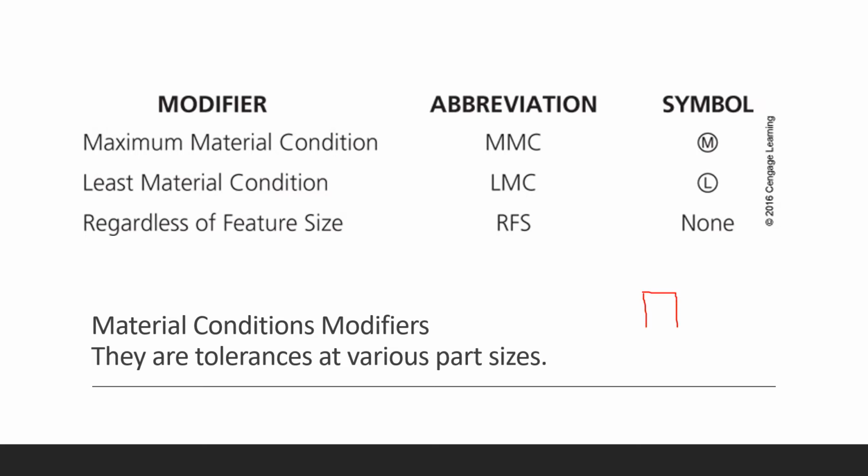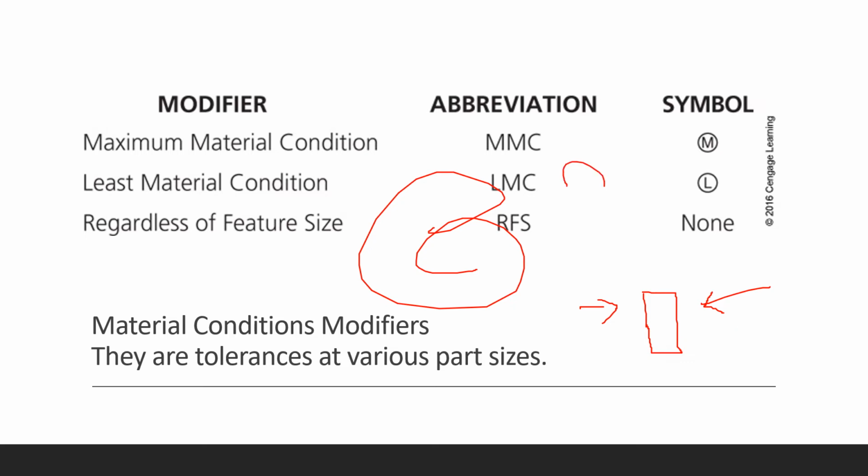Don't lose contact with your physical thing, okay? You're measuring a part or inspecting a part in a manufacturing facility. Usually metrology is for inspection for quality in my field. So this material condition modifier, we use them again for tolerances.